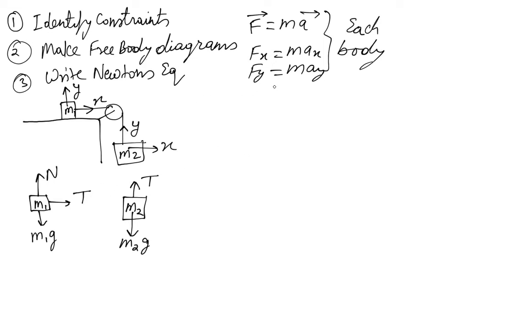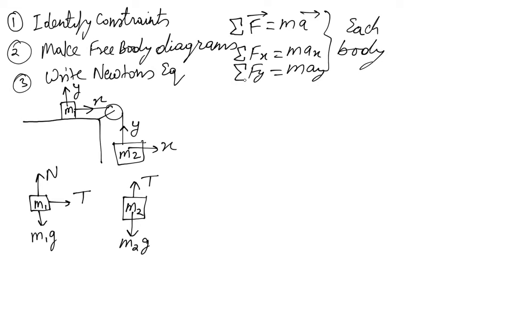Now as we said, all we are doing here is separating a vector problem into two axes, x and y, so we can write Newton's equation as two separate problems. As a matter of fact, it actually means the sum of all the Fx's.